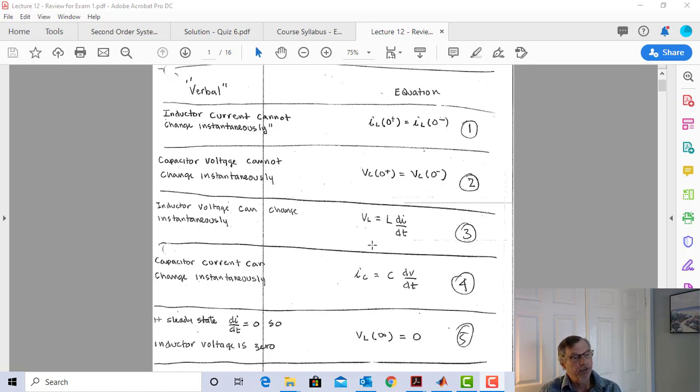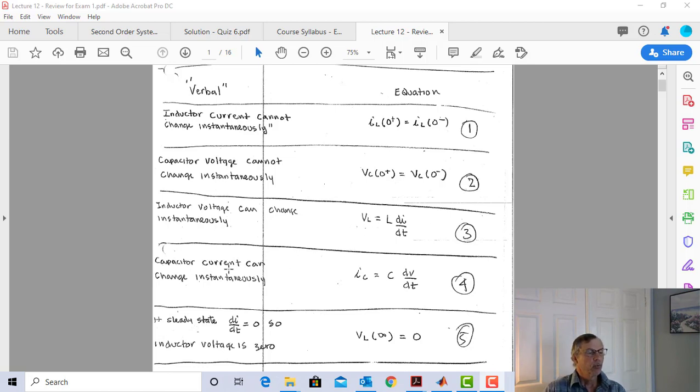This will always work because it's basically the physics of the inductor. So if di dt changes, then the voltage changes. So we can change the voltage across an inductor quickly.